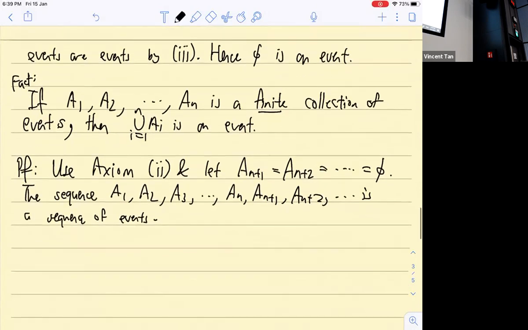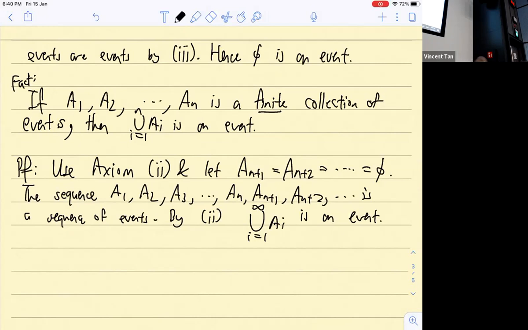Furthermore, by 2, the infinite union of the Ai is an event. By 2, not by any other thing, because now we only know 3 axioms plus 1 fact.